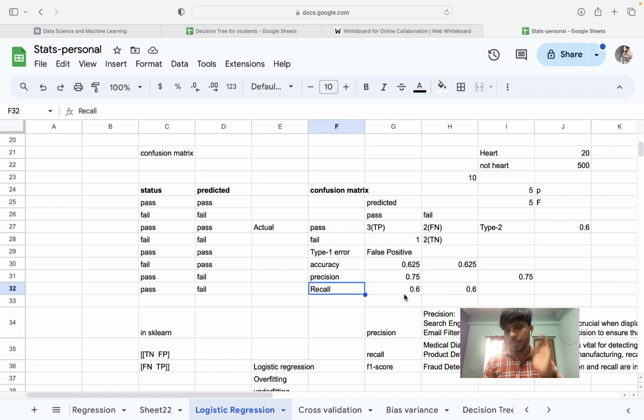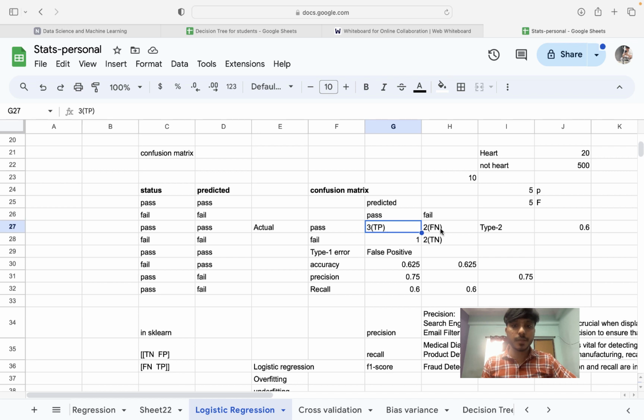Majorly recall is used in the medical field or in the manufacturing field, because let's say you have heart disease, and heart disease patients are 10, so you want all the 10 to be correctly classified as pass by your model. Okay, because that is important.